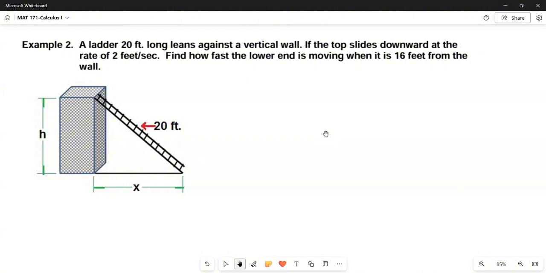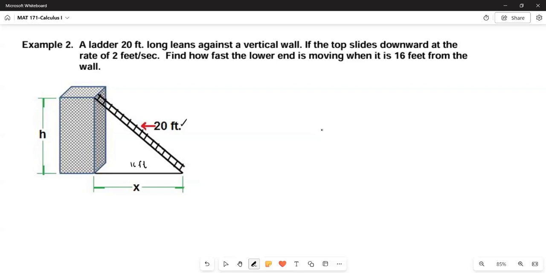So sundin ulit natin yung guidance sa pag-solve ng time rates. Una natin gawin is identify yung mga given. Nakasulat naman na dito sa illustration natin yung 20 feet na length ng ladder, and lower end ng ating ladder papunta sa wall is ang distance ay 16 feet. Tapos, binanggit yung rate kapag nag-slide pababa yung ating top part ng ladder.